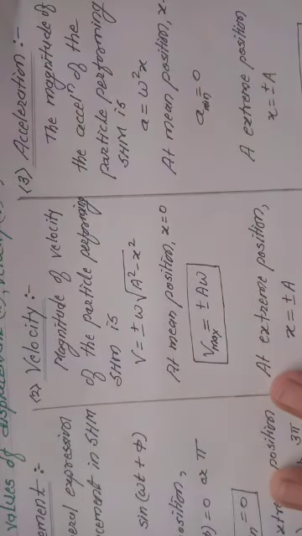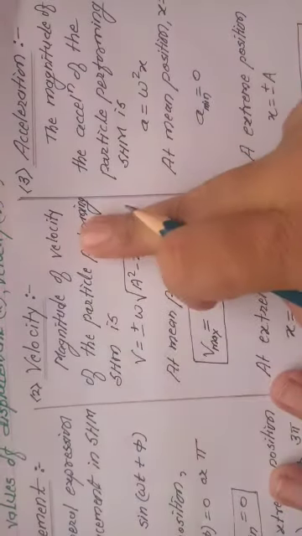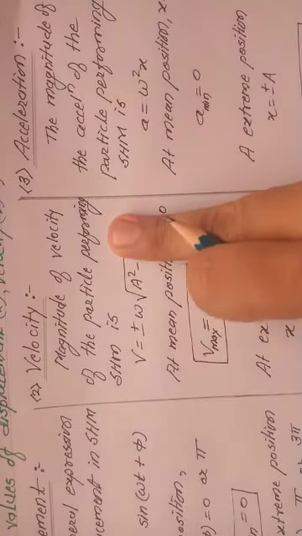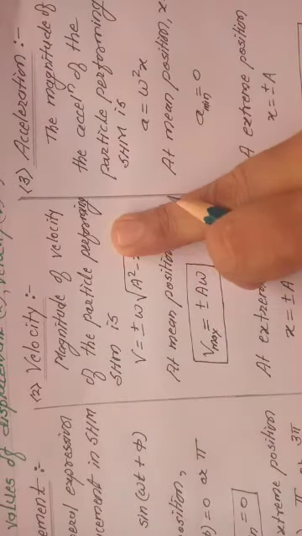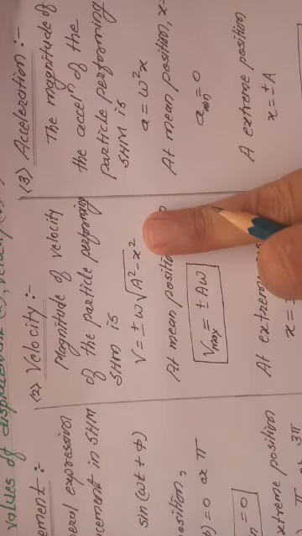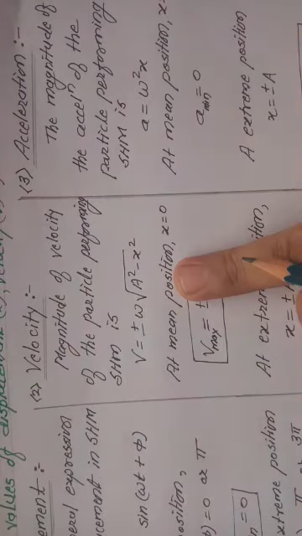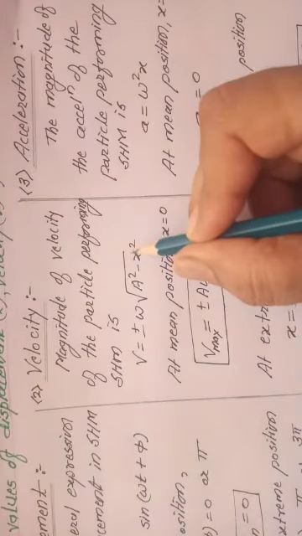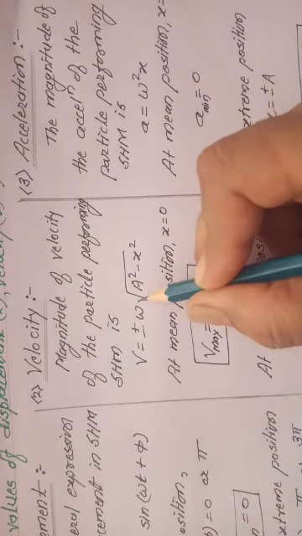Now velocity at the mean position and at the extreme position. You know the formula for velocity, which we obtained in the last lecture: v is equal to plus minus omega under root a square minus x square. At the mean position, x is equal to 0, and therefore under root a square becomes a, and we get v is equal to plus minus a omega.